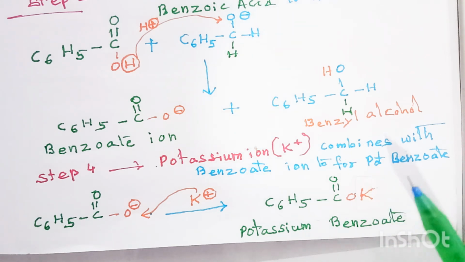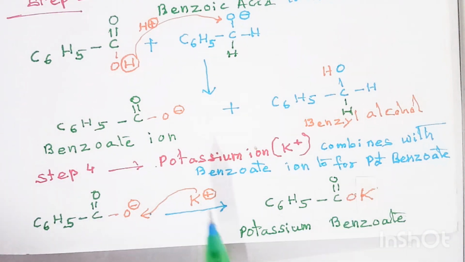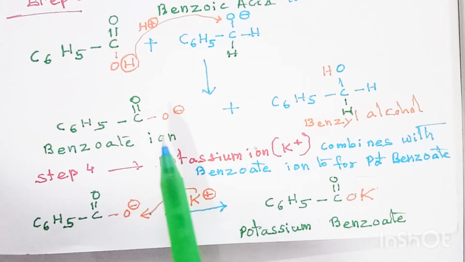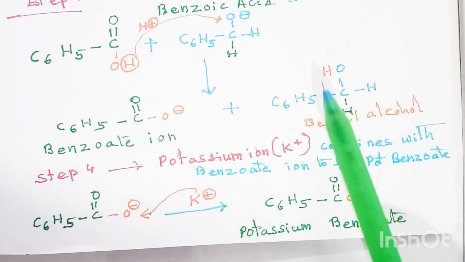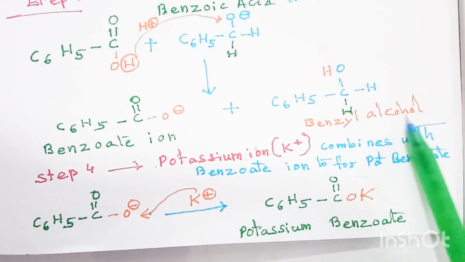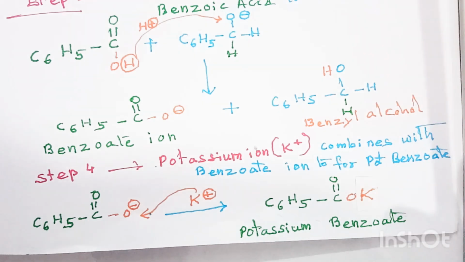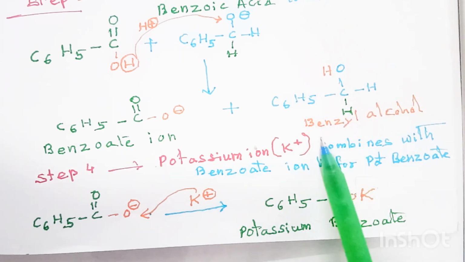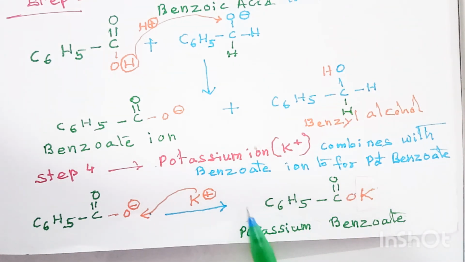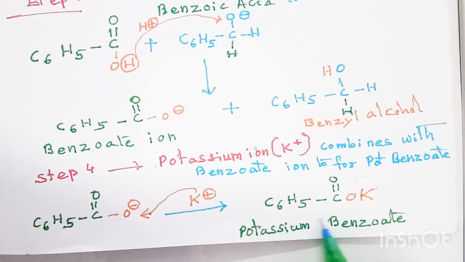So here we have seen one molecule of aldehyde getting converted into alcohol, which is the reductive product. Another molecule of aldehyde is being converted into carboxylic acid salt.